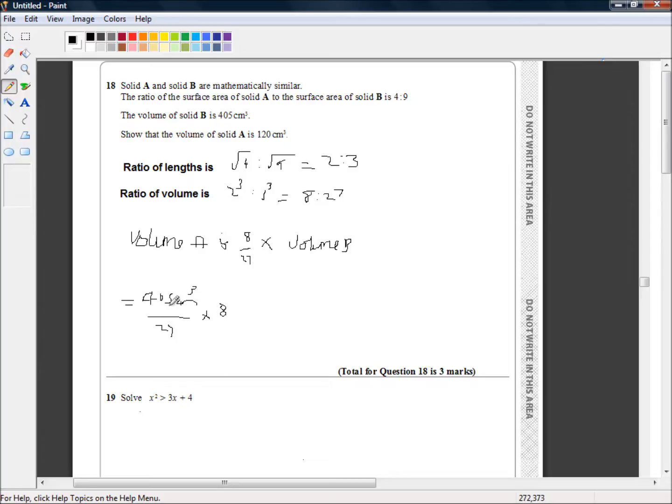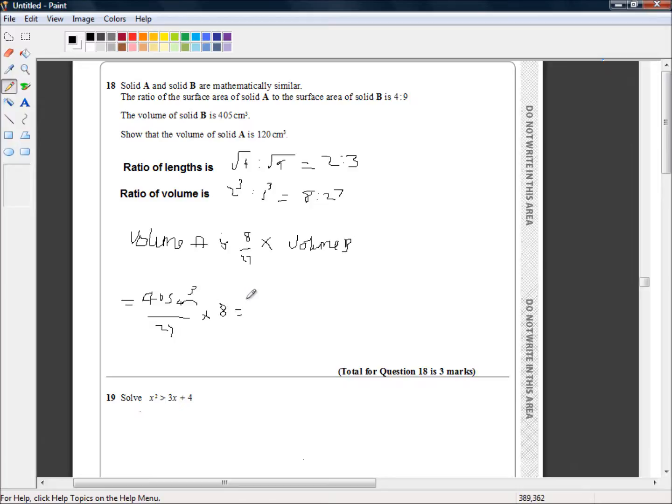So what we need to do, if we get a really difficult fraction like this, the best thing is to try and divide this into prime factors. So we know 405 will divide by 5 because it ends in a 5. 5 goes into 40 8 times, and 5 will go into 5 once, so that's 81. And 81 is 9 times 9, and 9 is 3 times 3.